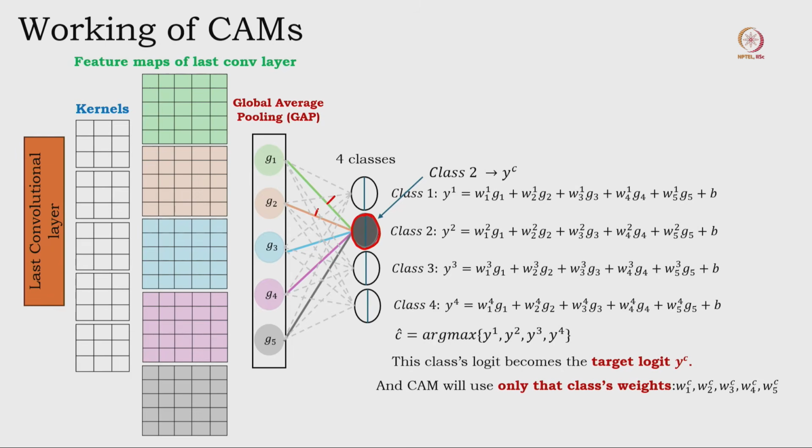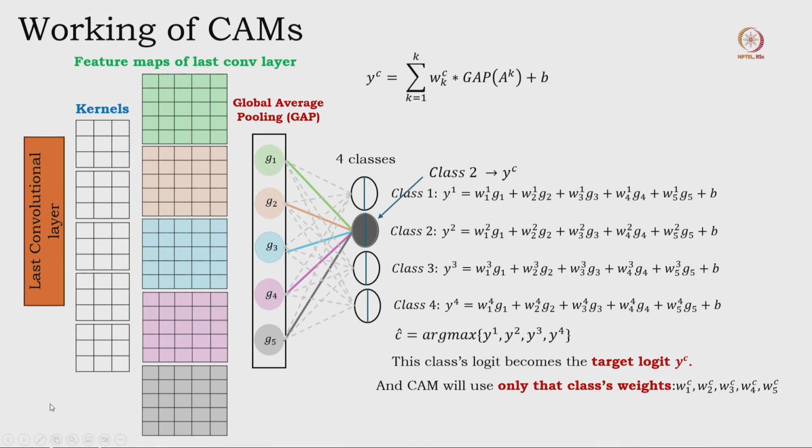This is the weight, the one which is highlighted. It is these weights that were responsible for this particular neuron. So CAMs use only those weights, the ones that produced the prediction. This neuron is where you got the output, the maximum predicted value, and that class score you are going to take, and its associated weights are what the CAM is going to take.